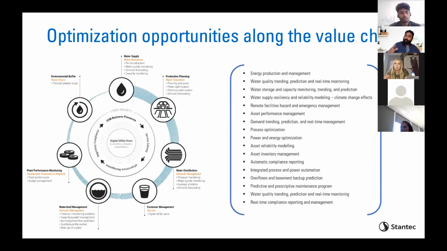Again, when we think about the water cycle, there are numerous opportunities and places where we can employ AI solutions. But AI is not going to be the only silver bullet, right? AI is one piece of the overall puzzle from a technology perspective. You have to think about sensing capabilities, which helps you with the data collection.